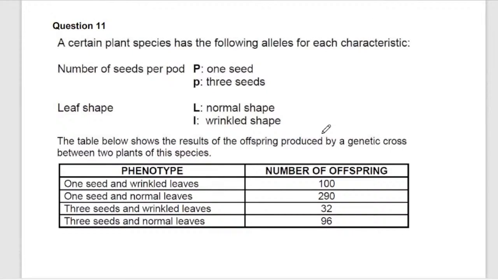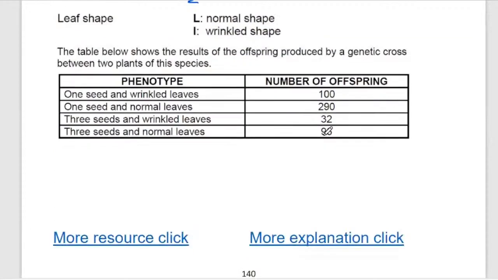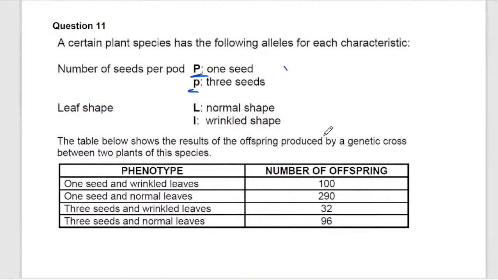So first identify which one is which. If they ask you what is the genotype of the parent here, for example, don't repeat the letters before you finish. For example, the genotype can be capital P, capital L, then another one is small p, small l.